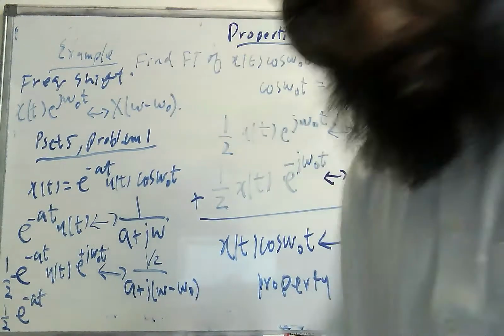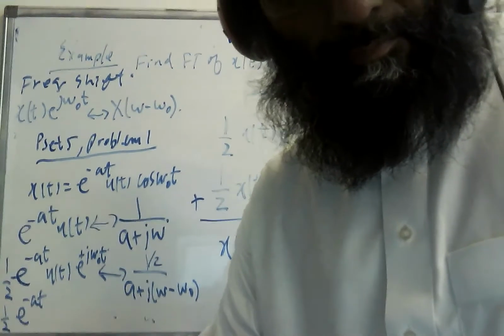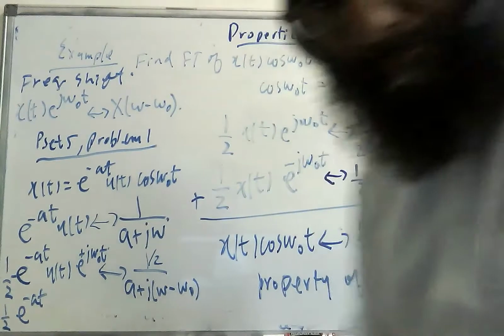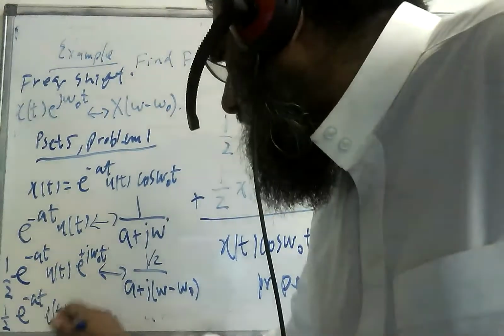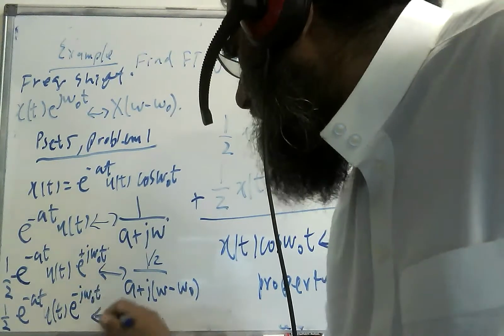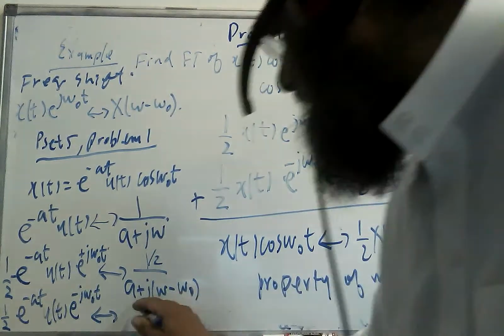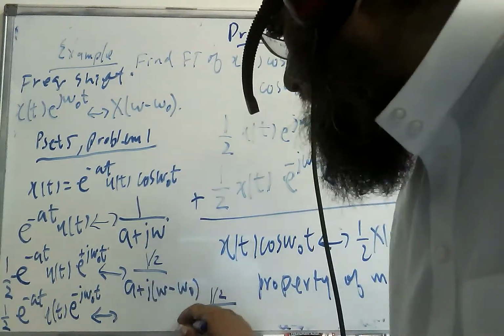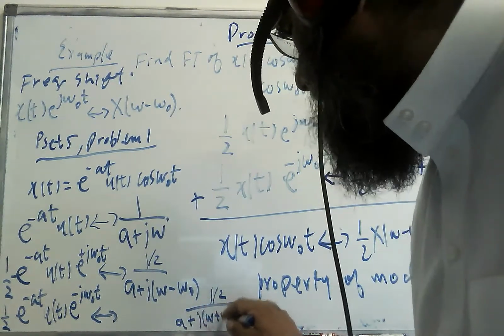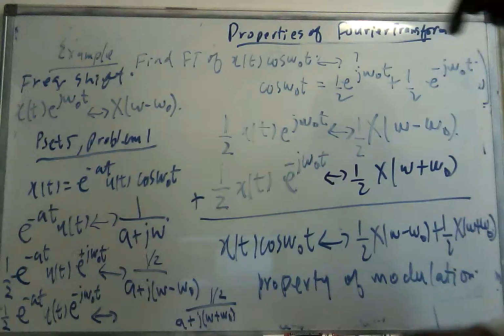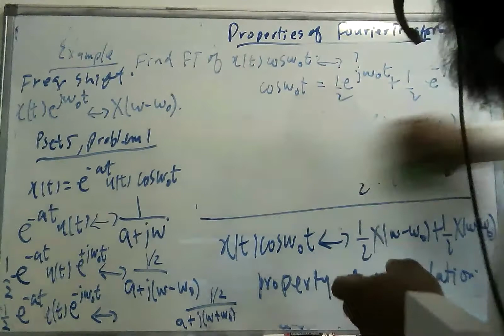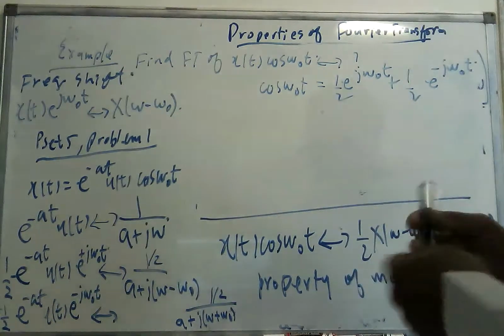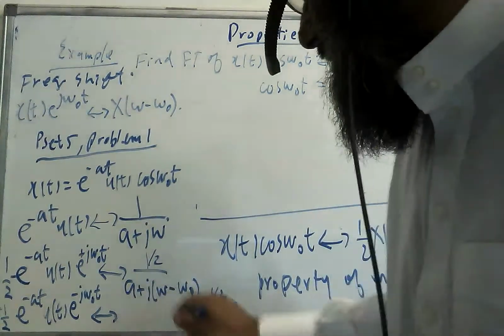All right, and when I multiply it by the negative exponential, u of t e raised to power minus j omega naught t, the answer will be 1 over 2 times 1 over a plus j omega plus omega naught. So I add these two, like I did here.